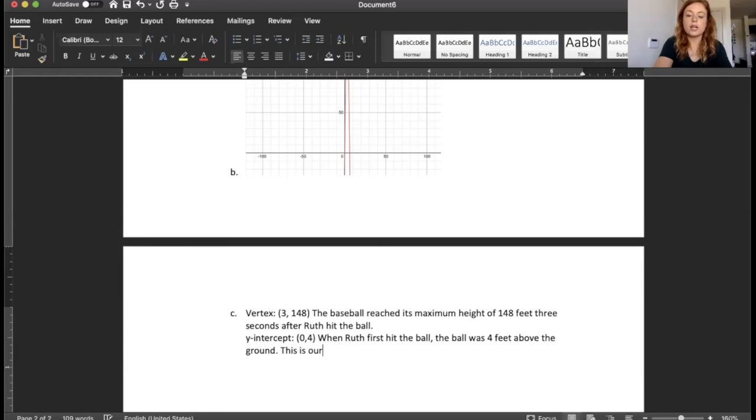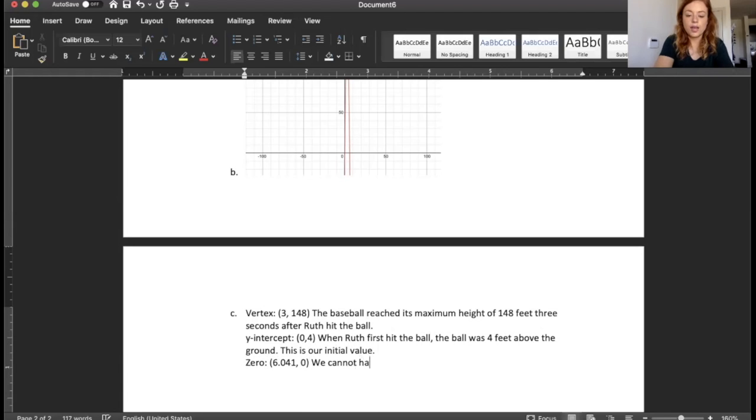This is our initial value. And our zero, in this case, we decided it's only one that's relevant. If you list both of them, just make sure you explain that only one of them actually counts if we're talking about time. We can't have negative time. Okay, so that was 6.041, 0.